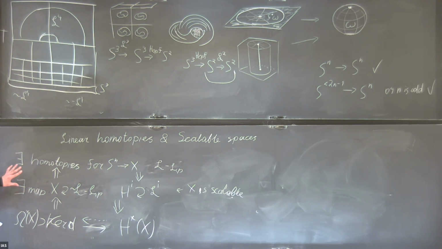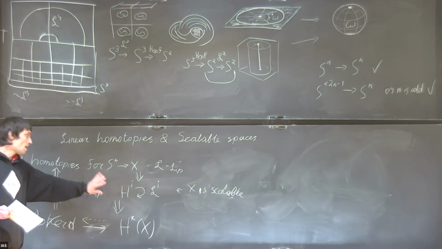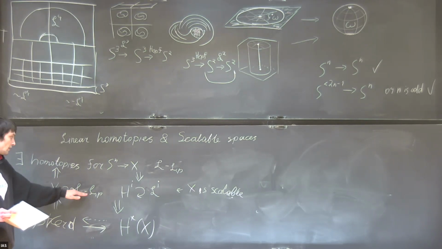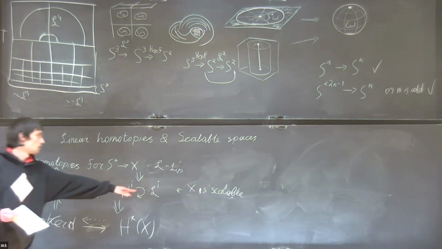I'll just say that you can build this map by taking a limit of these pullbacks scaled back by L to the i.